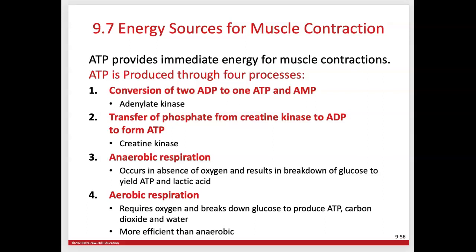And then if you take another phosphate off, it will be adenosine monophosphate, mono being 1. So when we convert 2 ADPs, that's a total of 4 phosphates, then we can convert that into an ATP and adenosine monophosphate.